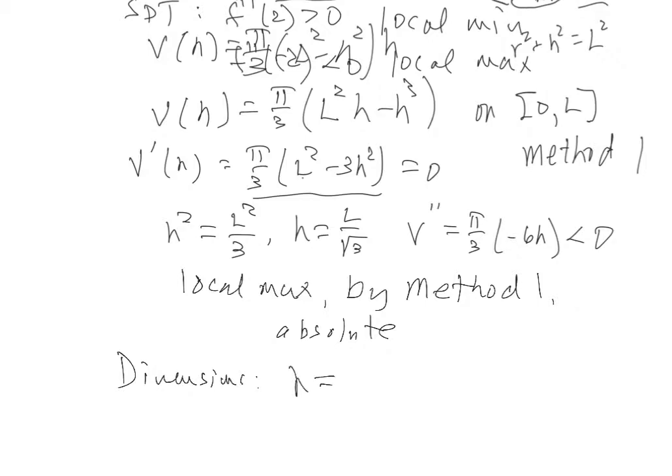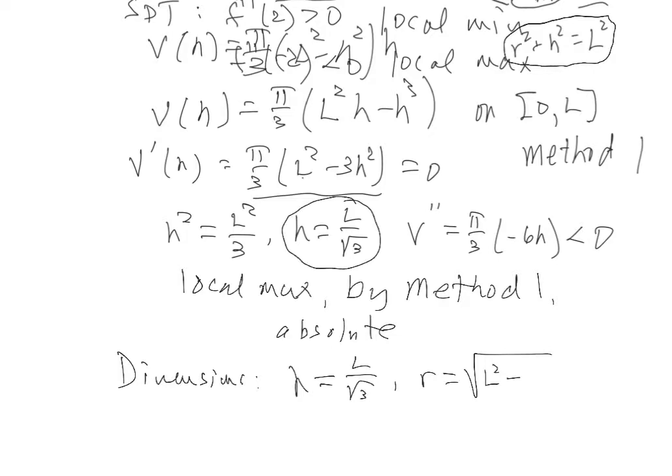So we got h, it's L over the square root of 3. And now we need R, which we get way up here. R squared is L squared minus H squared, and therefore R is the square root of L squared minus H squared, but remember H is L over the square root of 3.